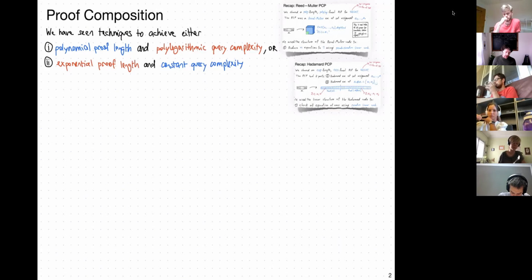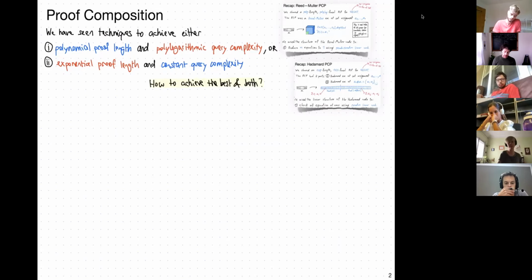So we have colored in blue the good parameters that we'd like. We'd like to have polynomial proof length, and we'd like to have constant query complexity, but we don't want to settle for exponential length or polylogarithmic query complexity. Now the question is, how can we deal with that and get the best of both worlds?